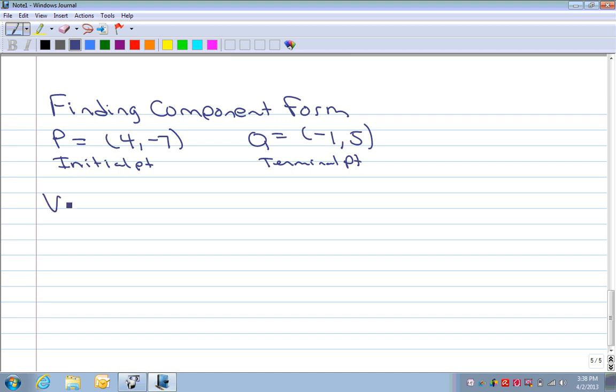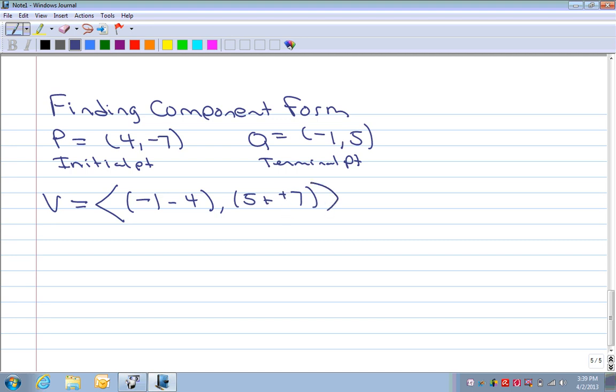So we're going to find V, our vector, and to find that, we're going to do our little arrow brackets, and we're going to have, remember, this is like your P1 and 2, and this is your Q1 and 2, so we're going to have negative 1. Always start with your terminal point. So we're going to have negative 1 minus 4, and we're going to have 5 minus negative 7, which will become positive.